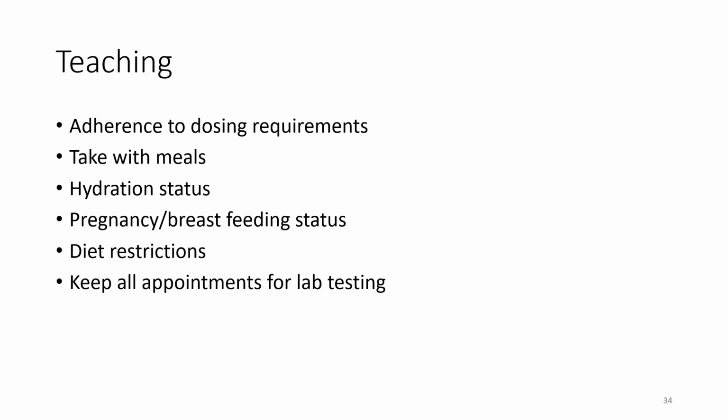So we don't know. So always assess for that. Diet restrictions, of course, again, educating them on the foods that are high in purines and also the drinks: the beers, the sweet tea, sugary drinks, organ meats, all of those seafood items we've talked about. And then, of course, the big one is always keeping the follow-up appointments for labs.